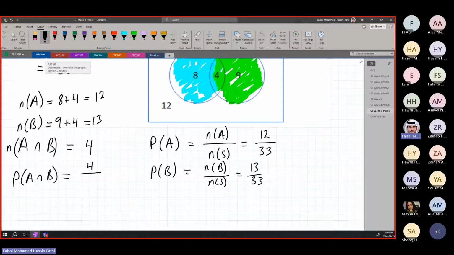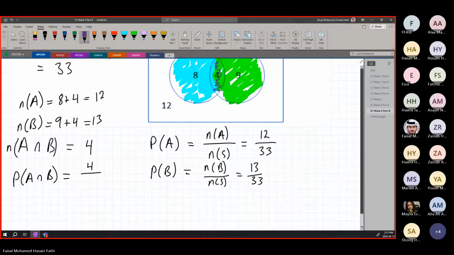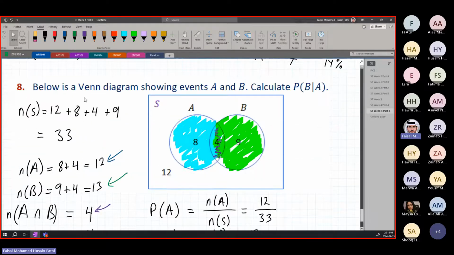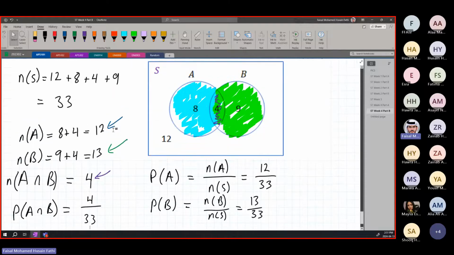So n of A and B is equal to 4, the part in the middle, the intersection here. This part is the blue and this is the green. So the intersection itself is equal to 4 over, again, the entire sample space, which is 33.